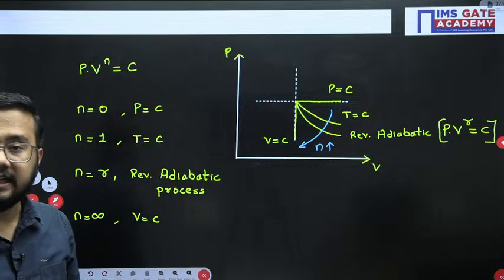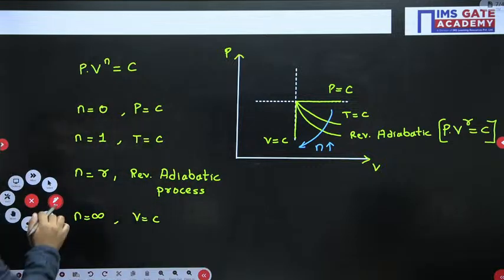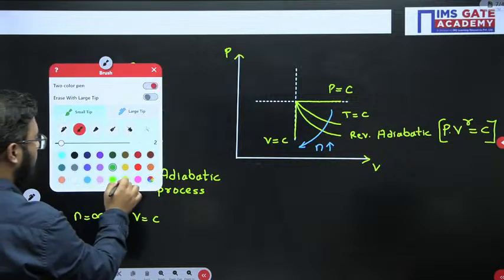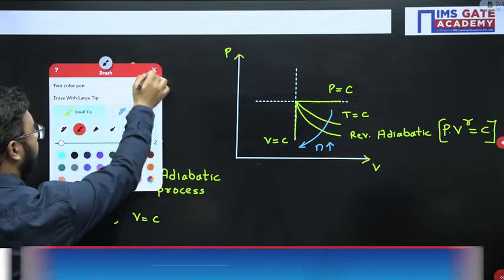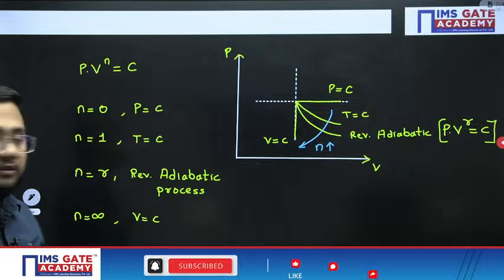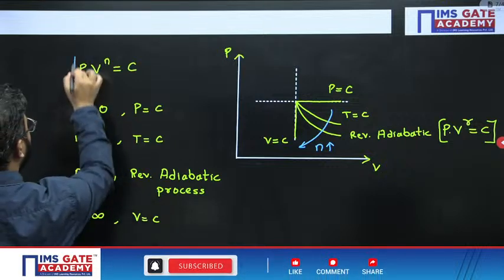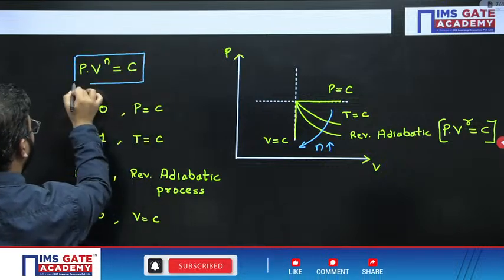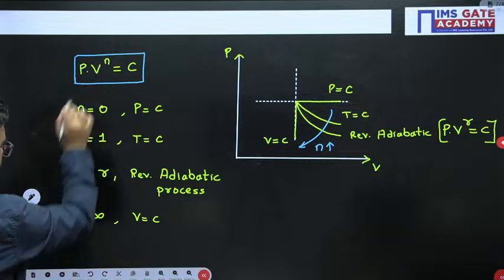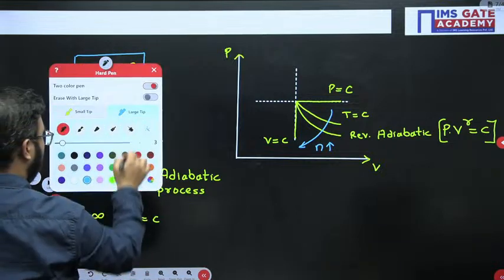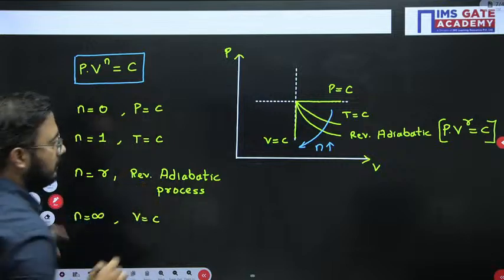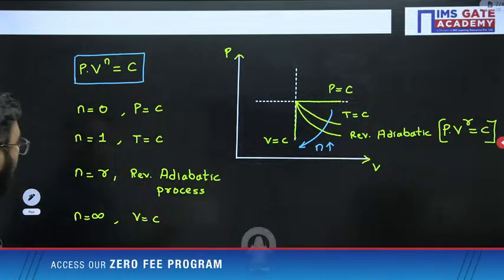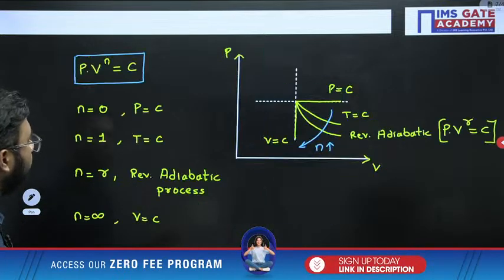So this information is very important. This is a general way of representing the process, and this is called the polytropic process. Clear, everyone?